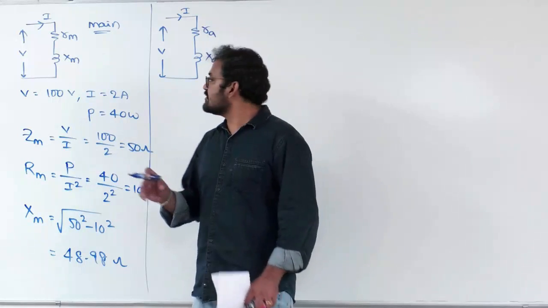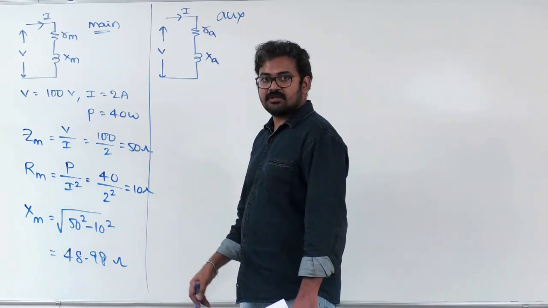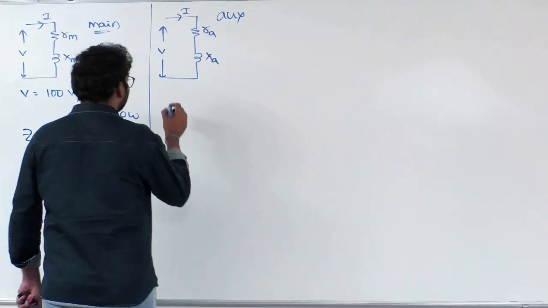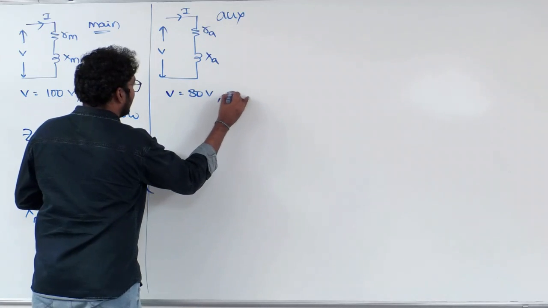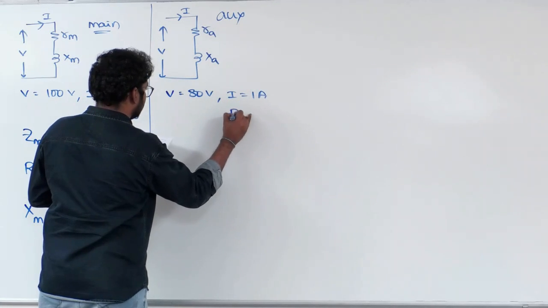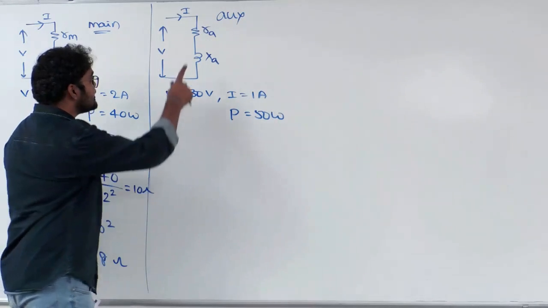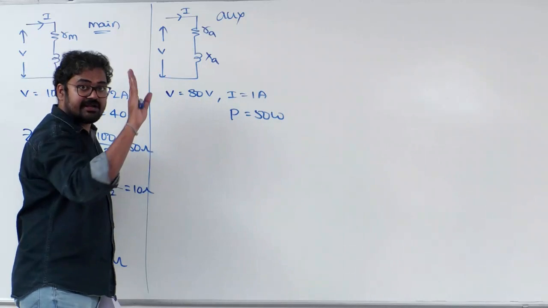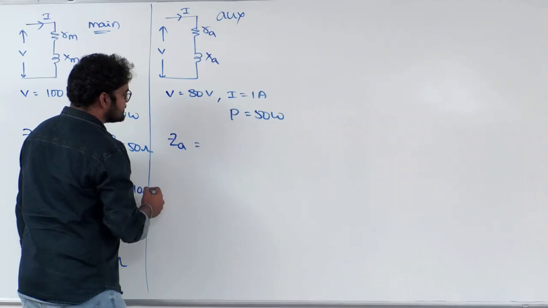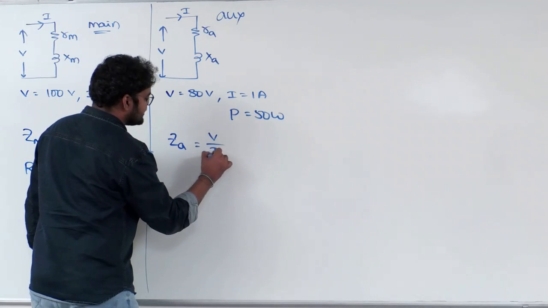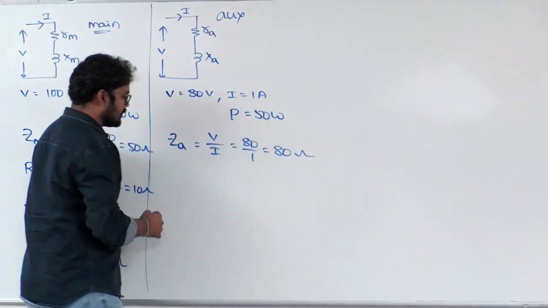Now the next thing is to calculate auxiliary circuit parameters in the same manner. What are the voltmeter, ammeter and wattmeter readings? Voltmeter is 80 volt, ammeter is 1 ampere, wattmeter is 50 watt. Okay, this is auxiliary circuit alone. Capacitor is not yet added, don't forget. First calculate the impedance of auxiliary. That is voltage by current, 80 by 1, that is 80 ohms.